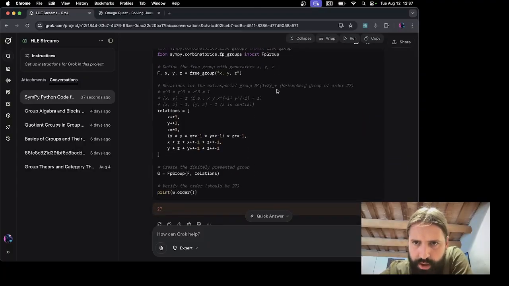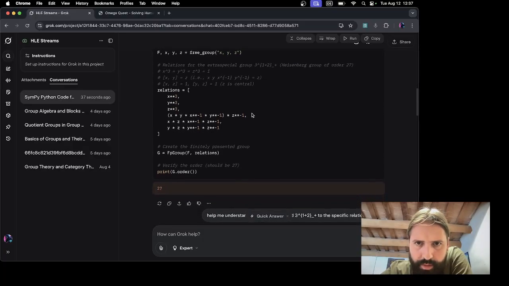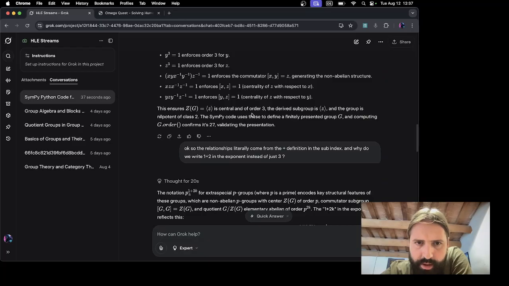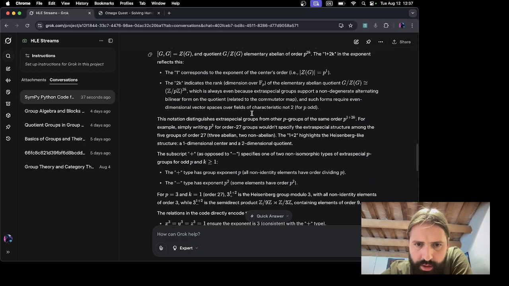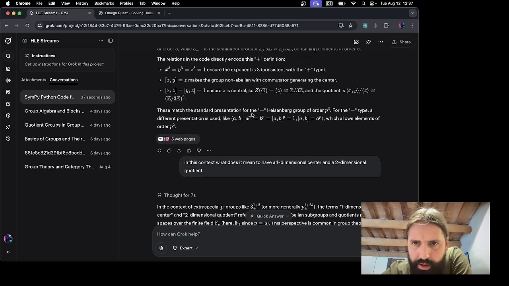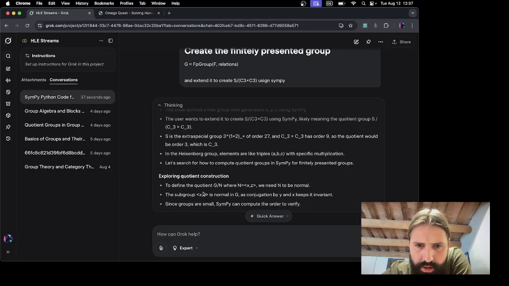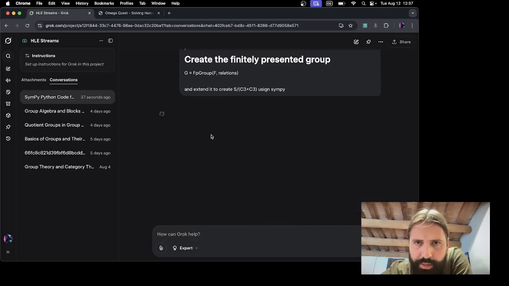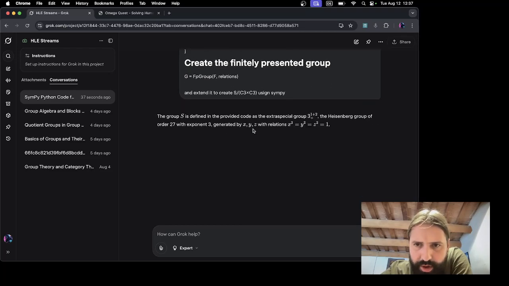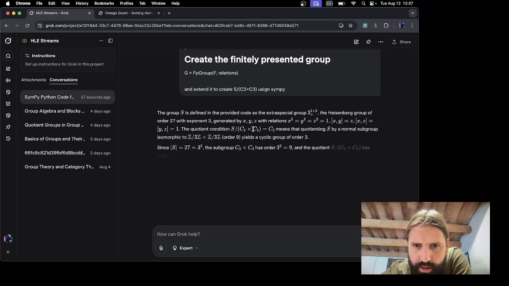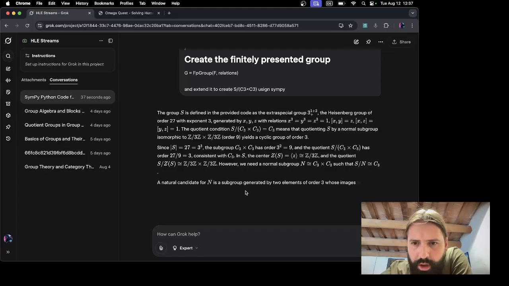So the relations to the extra special group. I know that I asked it yesterday to understand. There's a lot of things to unpack in here. Maybe I'll just do the quick answer because it's trying to reason too much, I think. But I want the code.